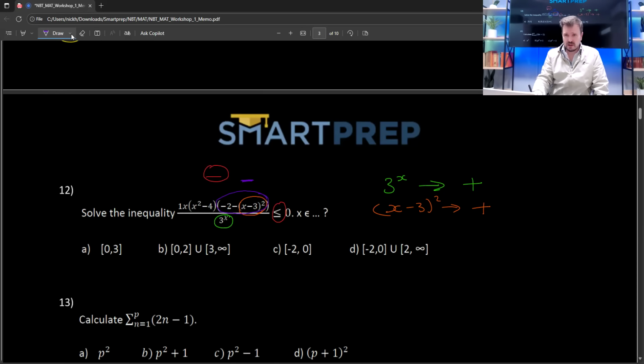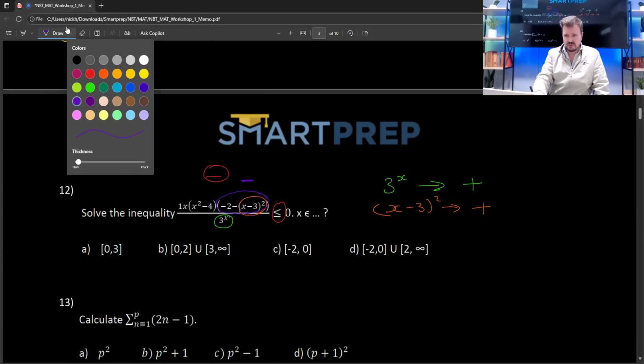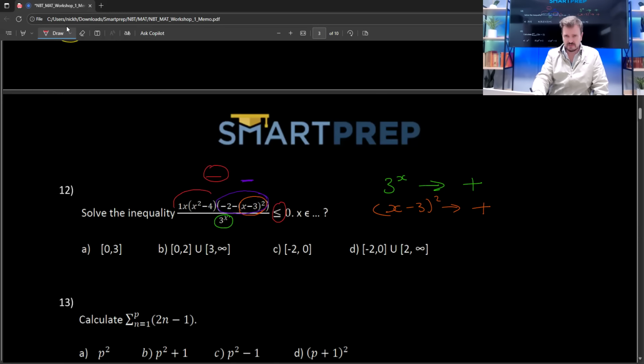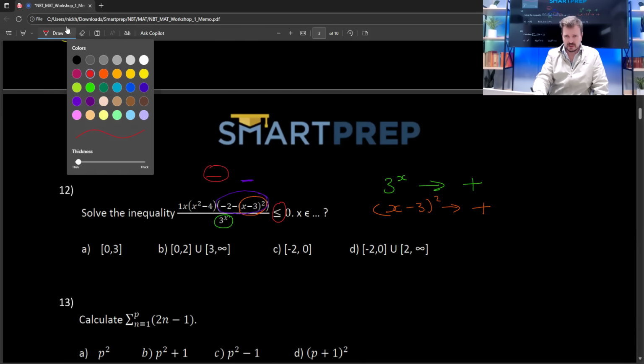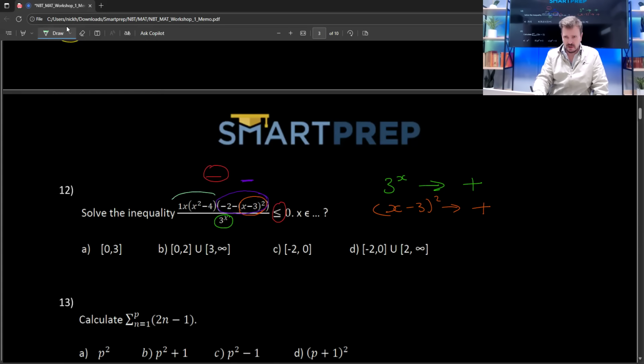So because this bottom is positive and this thing here is negative, we need this thing to be positive for this to stay negative. And so all we do now is say this has to be positive. Let's do that in a different color. So this must be positive.